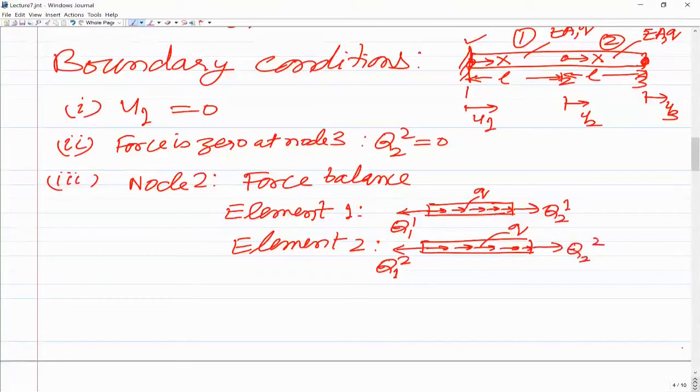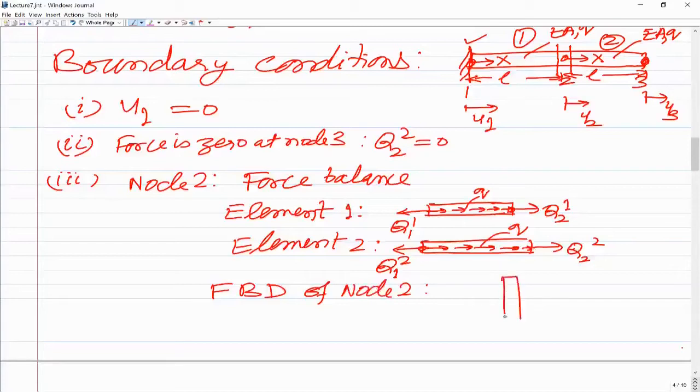Global node number 2 is the end node of element 1 and the starting node of element number 2. We are trying to draw the free body diagram of node 2, so we take a cut section over here and over here, and then draw the free body diagram of node number 2.